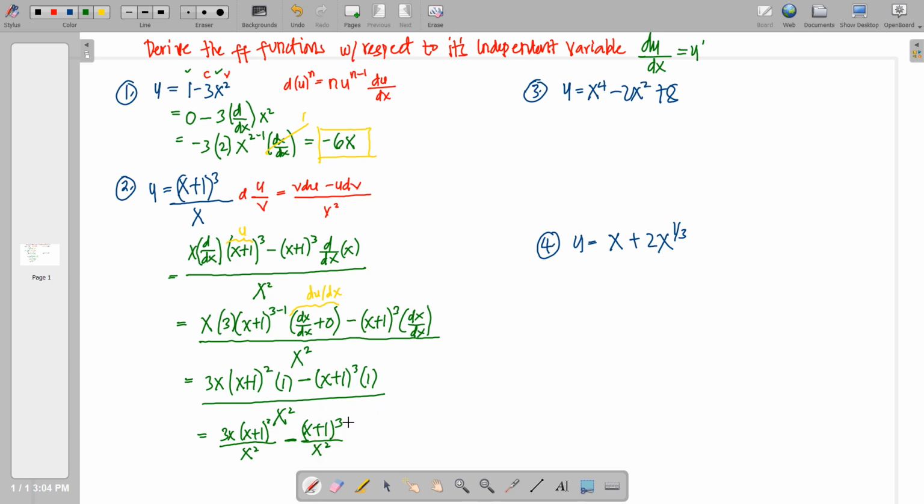So notice here that one of the x here will be cancelled. Cancel yung isang x dyan.